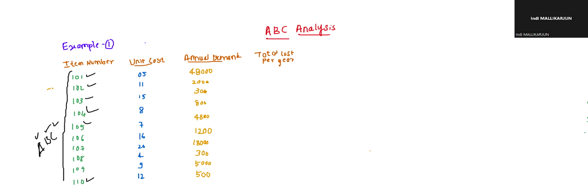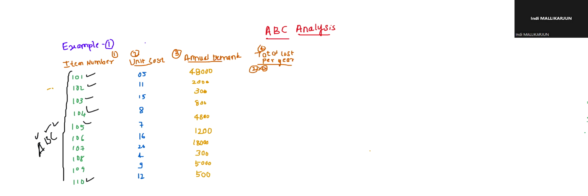Just consider the item number as step 1, annual demand as step 2, and unit cost as step 3. Now to calculate the total cost per year, we have to multiply step 2 into step 3, and I will get the total cost per year.